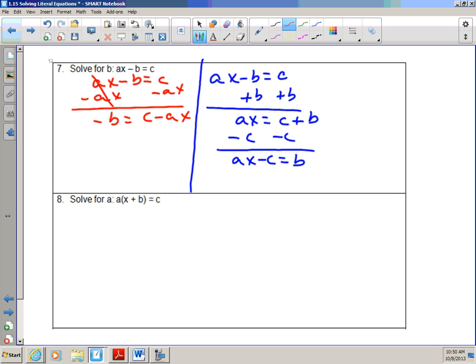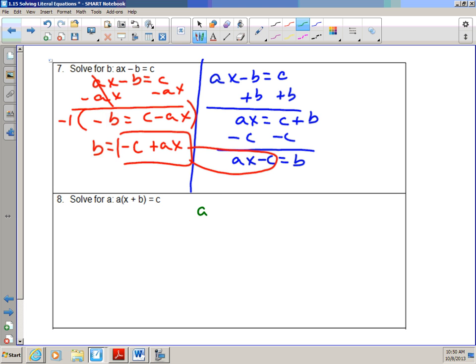Well, negative b is not a valid answer yet. When you're solving for a variable, it has to be a positive. So how do I change all of this? I just multiply everything by -1. So now I get b equals negative c plus ax. Well, are these two answers the same? Definitely. Why? The commutative property of addition.